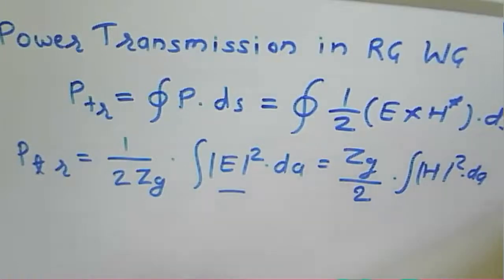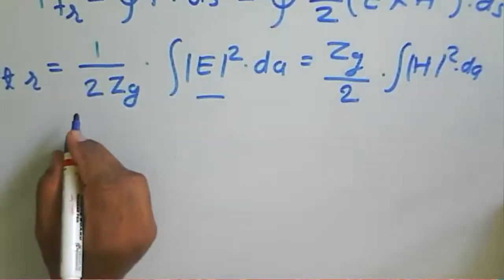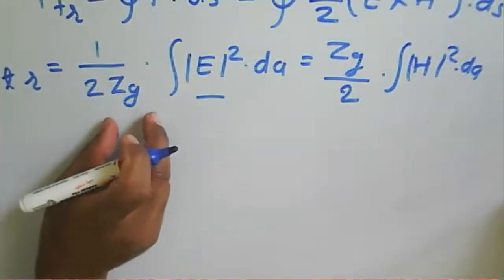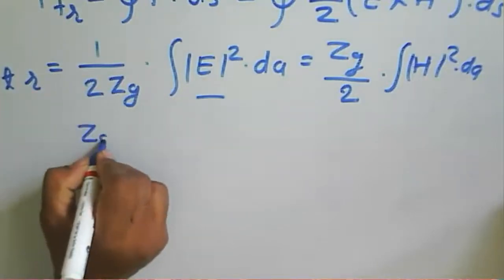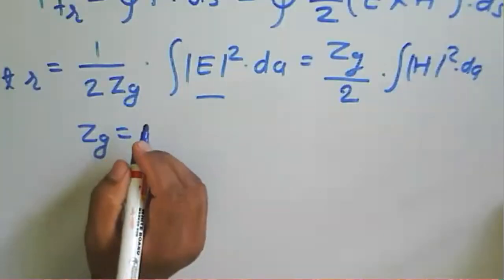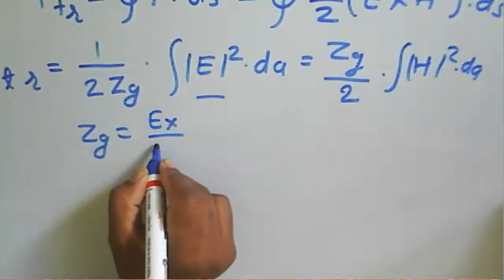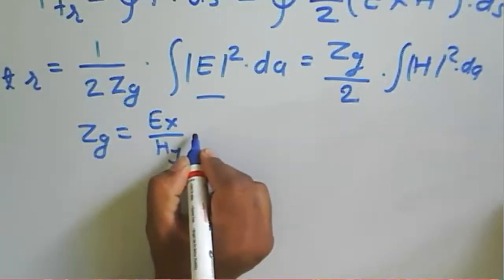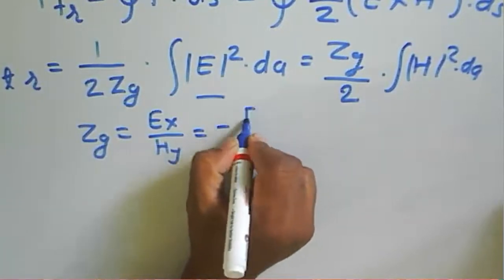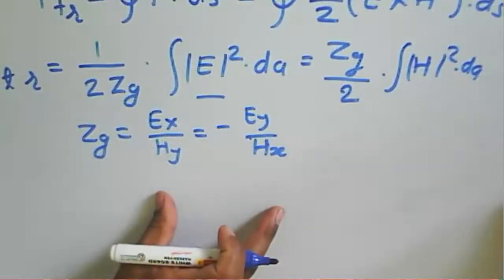Now how do these field components come here? So we should know the basics here. First, what is the guide impedance? That guide impedance is nothing but Zg is equal to the field component Ex by Hy, minus Ey by Hx here. That is the guide impedance.